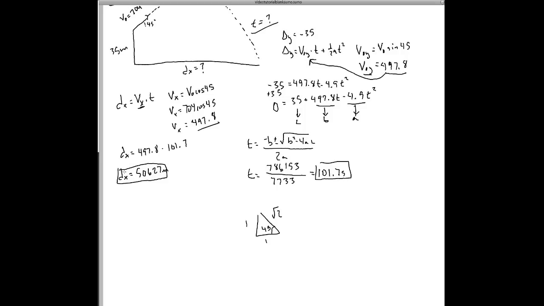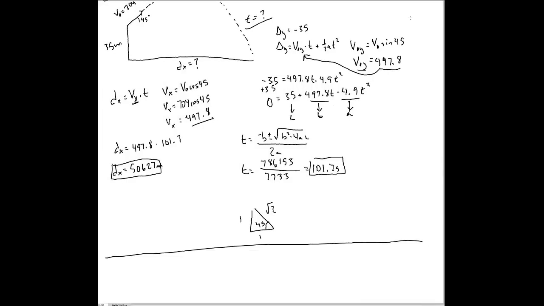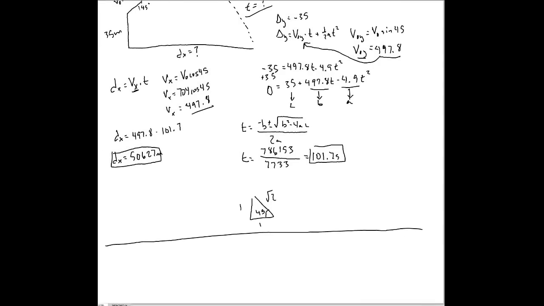Now, keeping this scenario, a nice maybe bonus question would be the max height attained by this projectile. Okay, so let's scroll down a little bit and let's talk about the max height. At the max height, we know that our y velocity is 0.